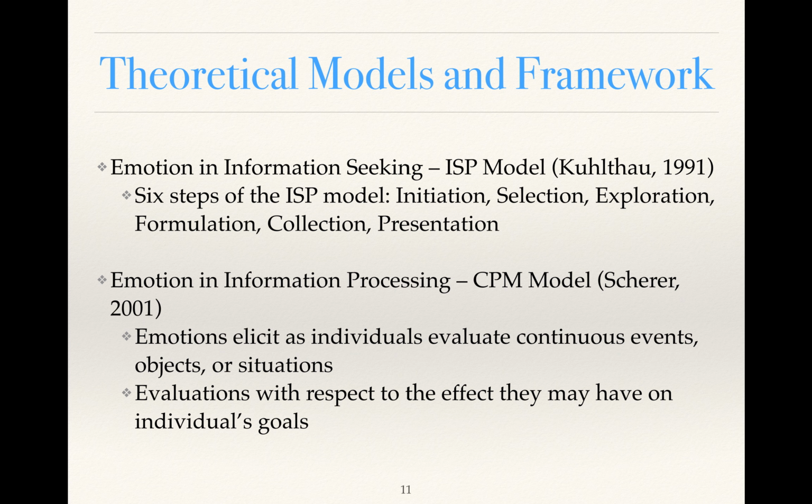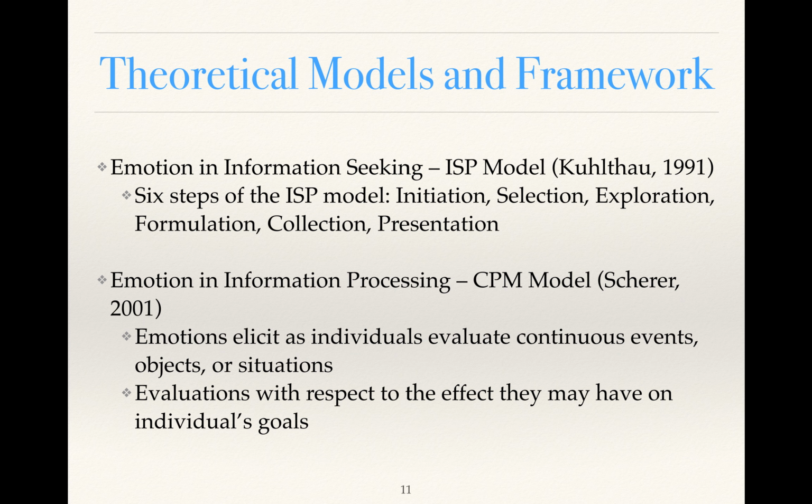She talks about initiation, selection, exploration, formulation, collection, and presentation. Interestingly, these models still hold. I believe I read a few studies a few months ago where they were trying to test whether this ISP model still holds, and they were able to say, okay, it still holds. So to me, that's very fascinating.